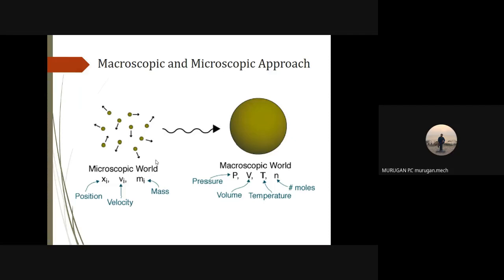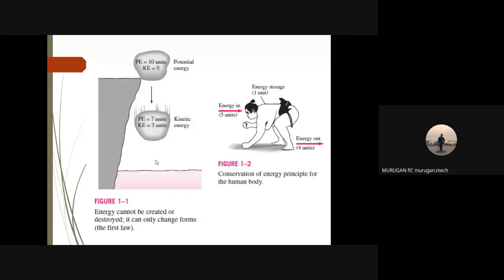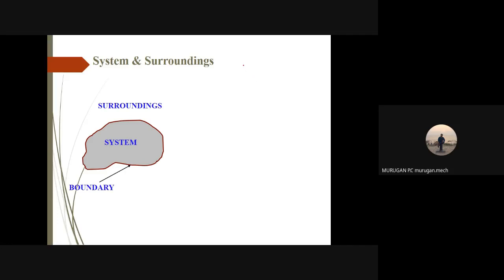Let us see our first topic, the microscopic approach and the macroscopic approach. First let us see the system and the surroundings. The two technical terms, system and surroundings, are very necessary. Now I have shown the entire thermal engineering syllabus.